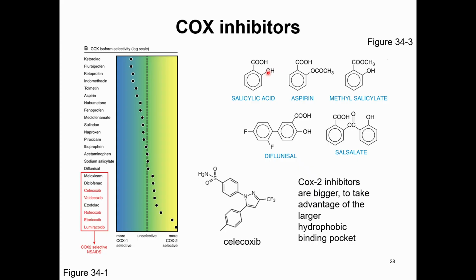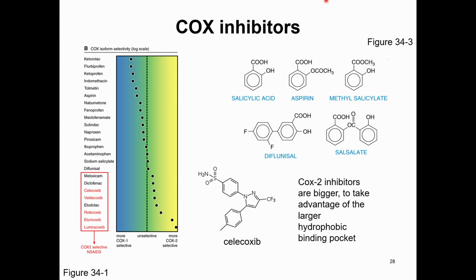And so here are these different structures of COX inhibitors, and it shows you whether they're more selective for COX-1 or COX-2. So remember selectivity from last time?